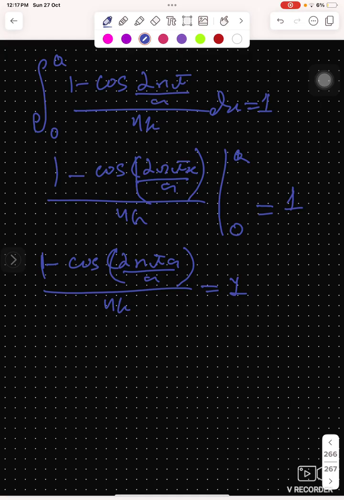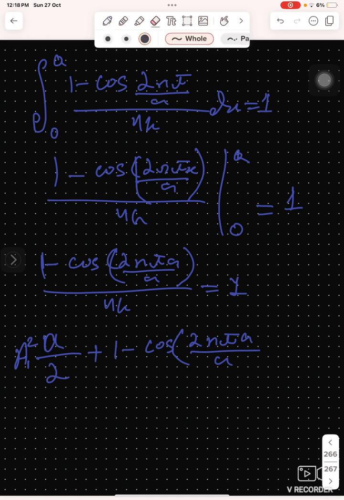so we have two equations: a over 2 a1 square plus 1 minus cos 2nπ over a, over a, well it would be a, so they would cancel each other, over 4k equals 1.